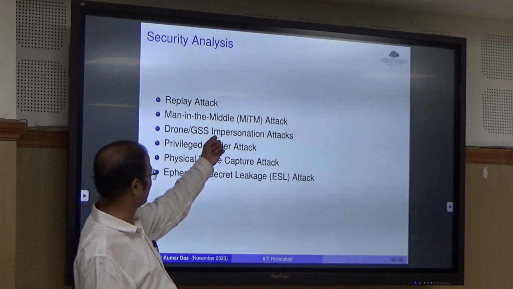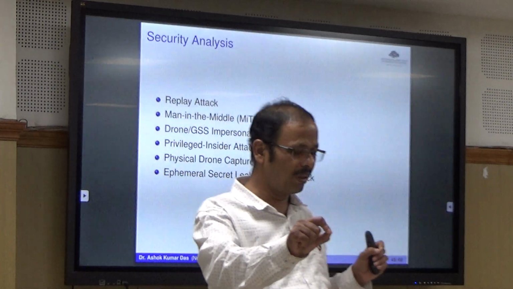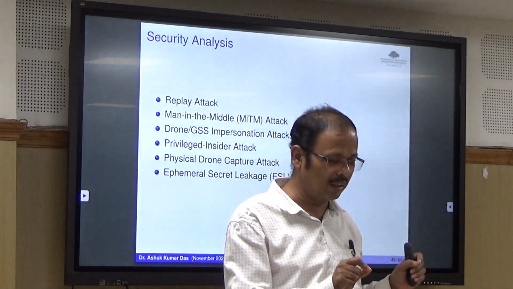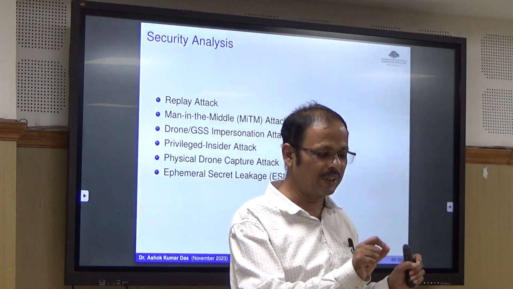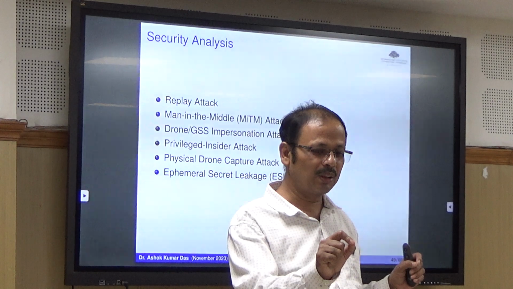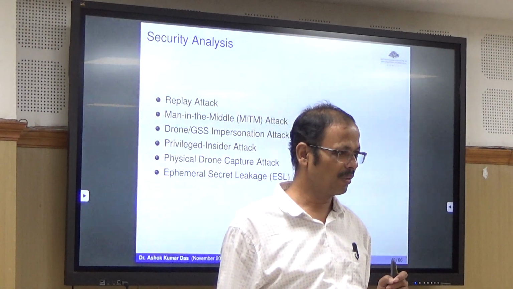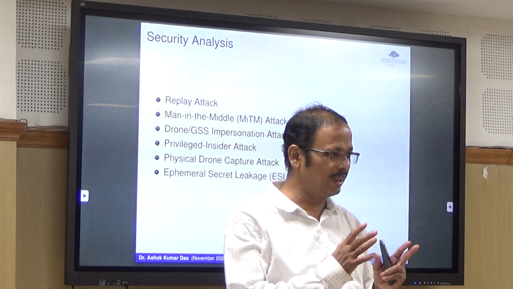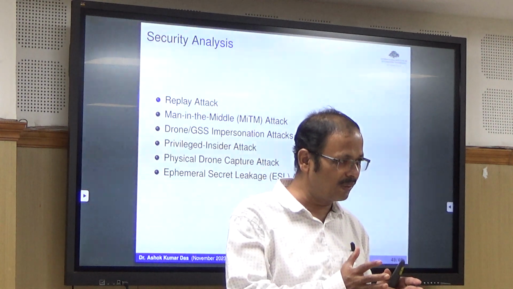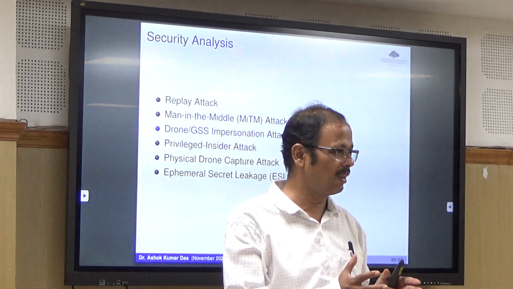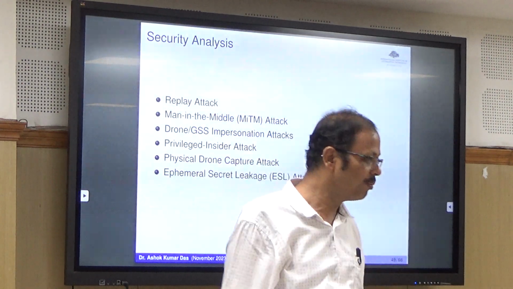Similarly, impersonation attacks: suppose the sender is sending a message to the receiver, and in between the communication, an attacker suddenly starts communicating on behalf of the sender, telling the receiver that, okay, I have sent a message, to force the receiver to believe this message is coming from the sender, but it is not so. But in this scheme, in order to create such a valid message, the attacker needs to create the certificate or signature, which is not possible because certificate creation and signatures require the private key. That is not available to the attacker.